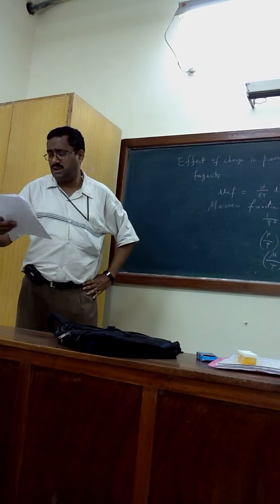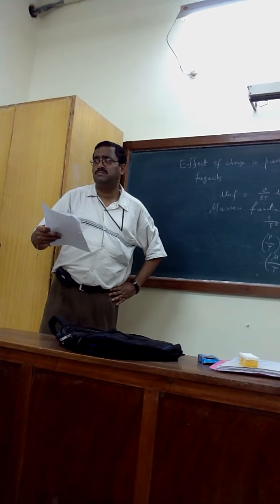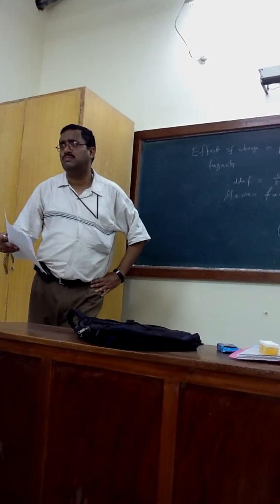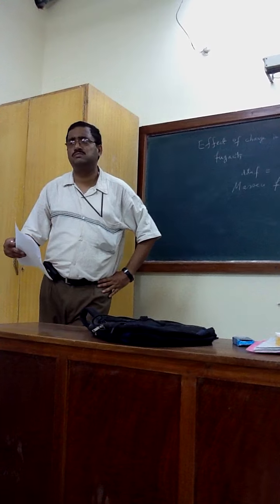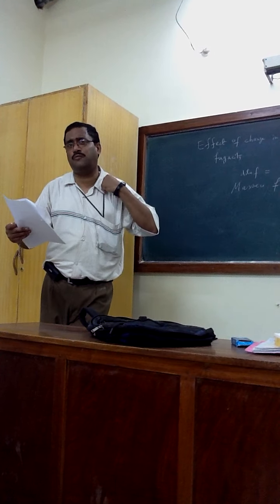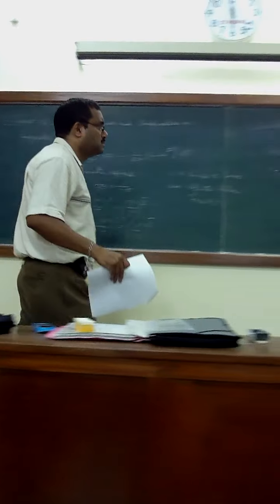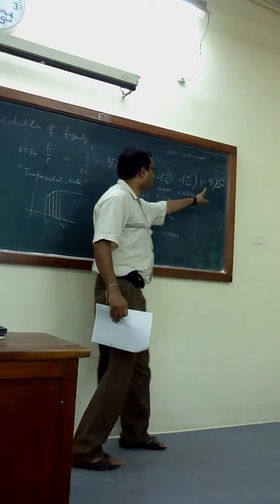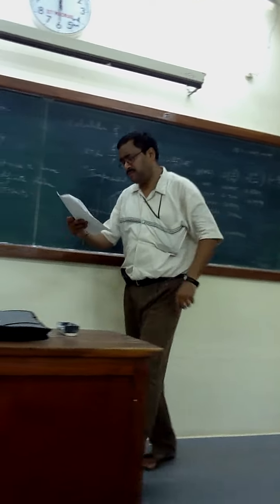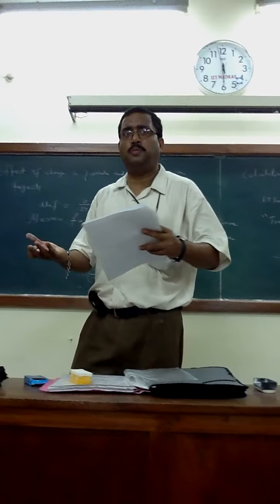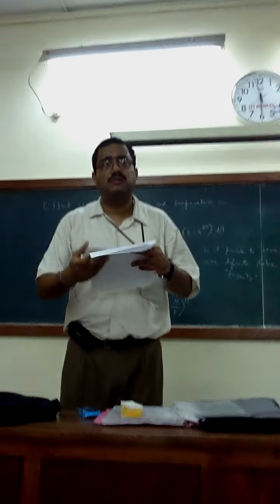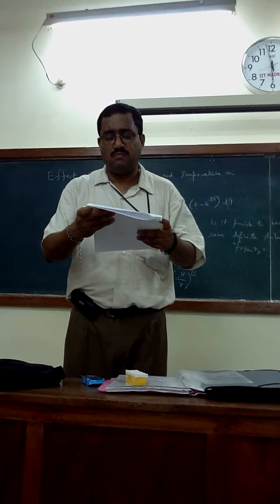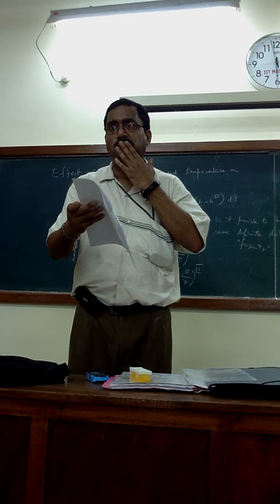I have done one part. I am sure you are making mistakes here. RT by P is a very simple part. Megapascal, 10 to the power 6. No, I am not getting the answer. Minus? Remember that 10 to the power 4 is there.